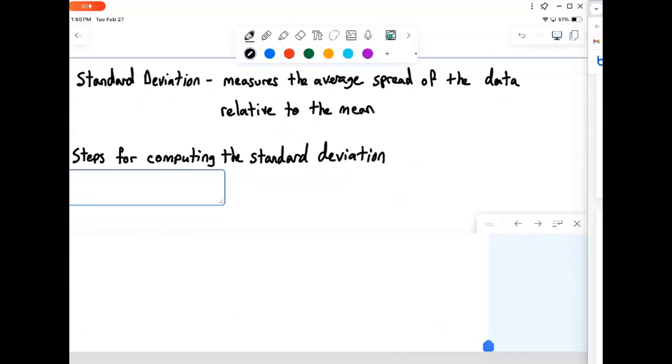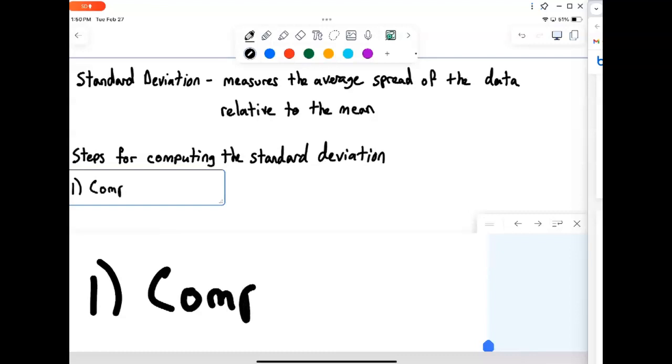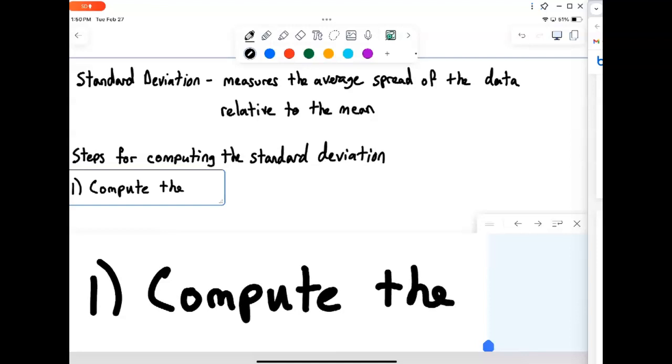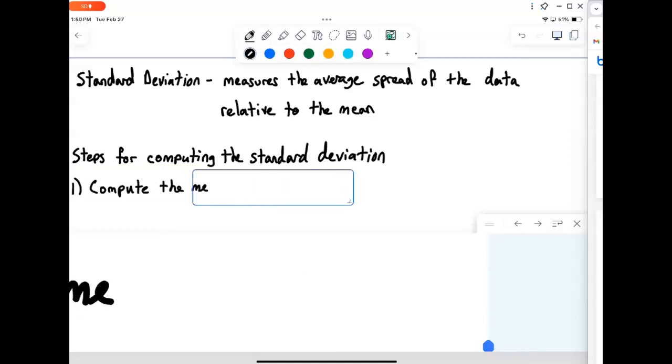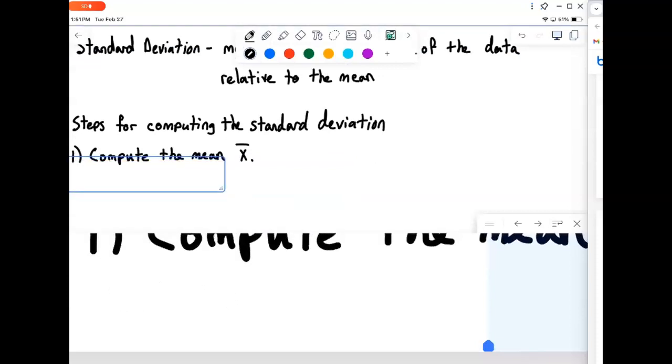So the first step in computing the standard deviation is to compute the mean. In other words, take all of our data values, add them all up, and divide by the total. So we compute the mean.